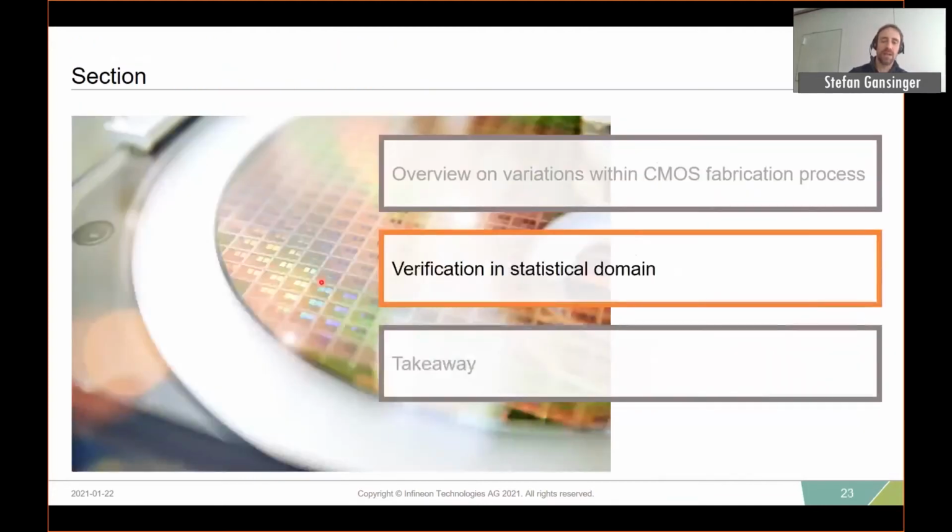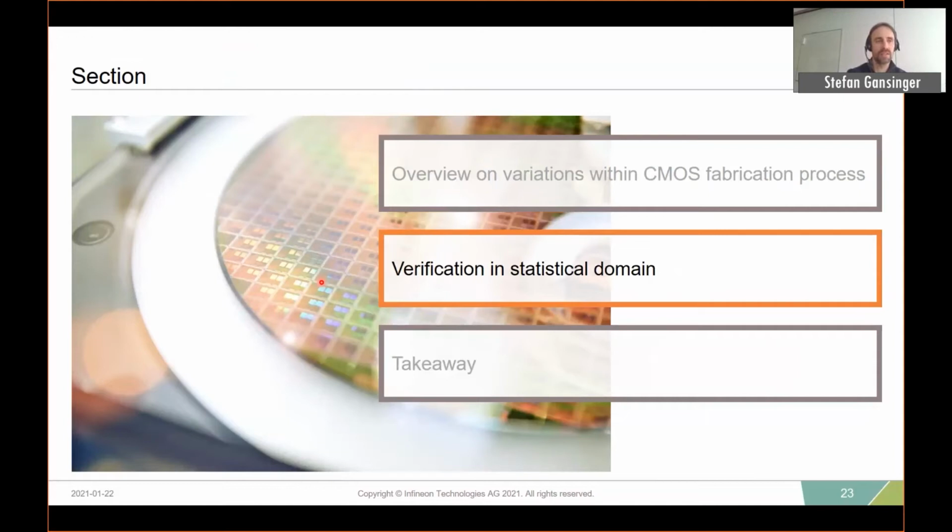Okay, so this brings me to the end of the first part. I wanted to give you an overview of what variations we have in the CMOS fabrication process. We saw that we have global variations and local variations. I tried to give you some ideas how we can make our designs robust against these variations.